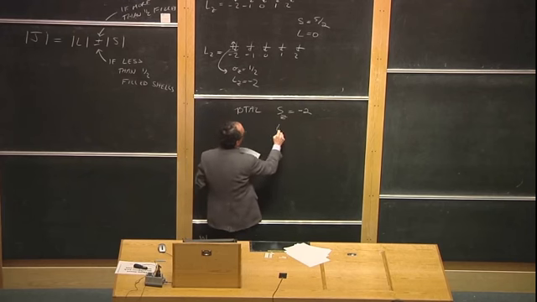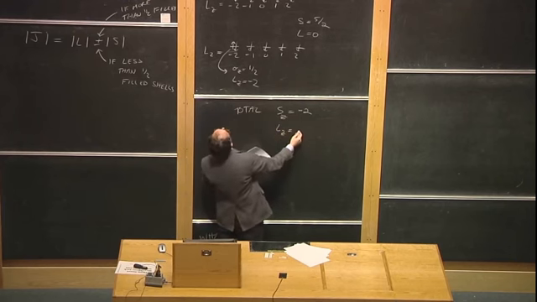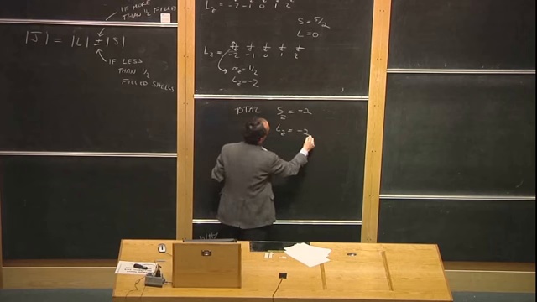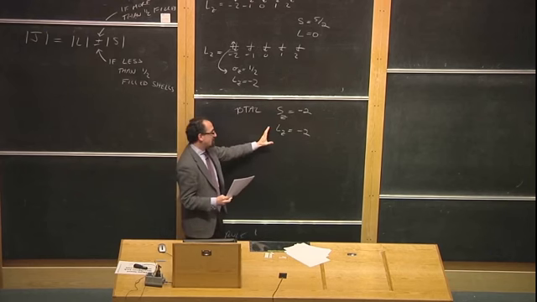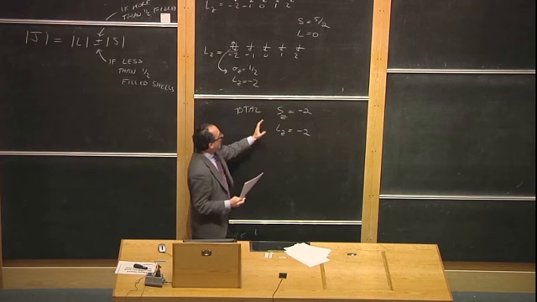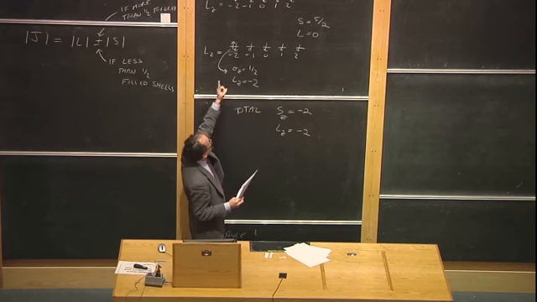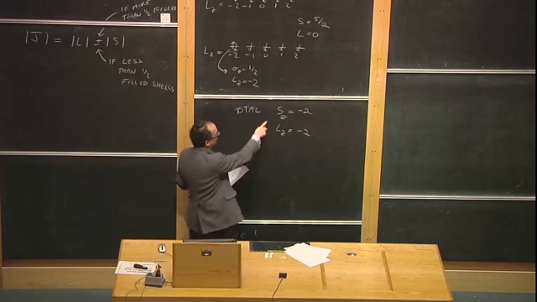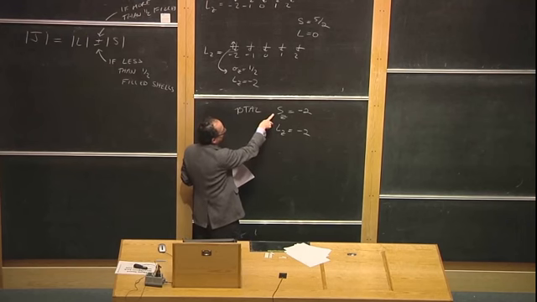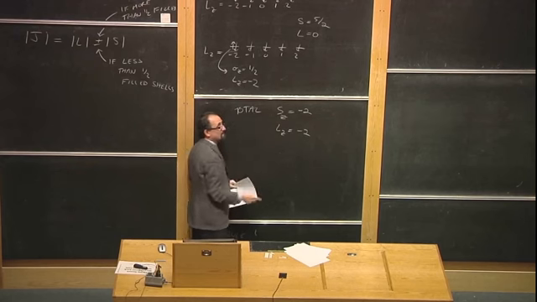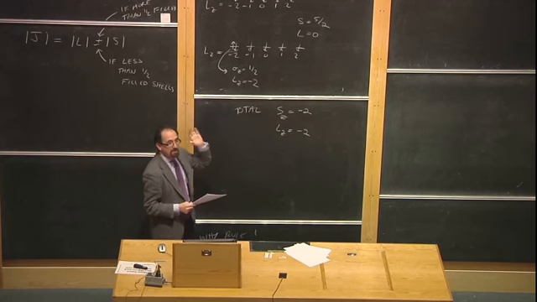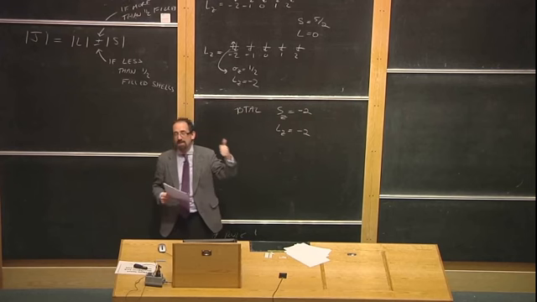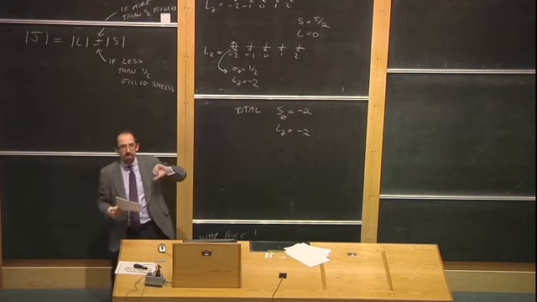And even though the LZ here is minus 2, the total, because the half-filled shell had total LZ equals 0, we added one electron. That electron is pointing up, but the total spin angular momentum is still pointing down. So here, the total spin angular momentum and the total orbital angular momentum are now pointing in the same direction. And we were still just following the same rule that each electron wants to counter-align its spin and its orbital angular momentum with each other.